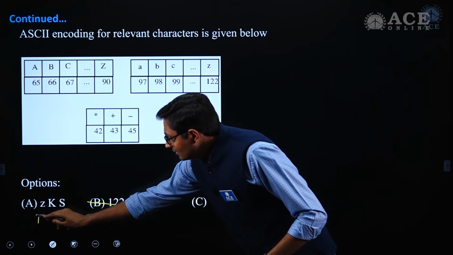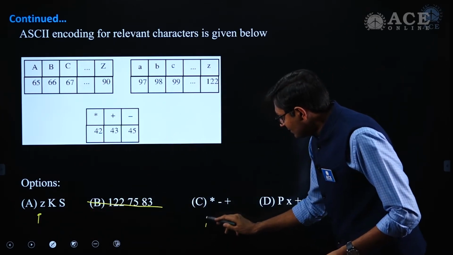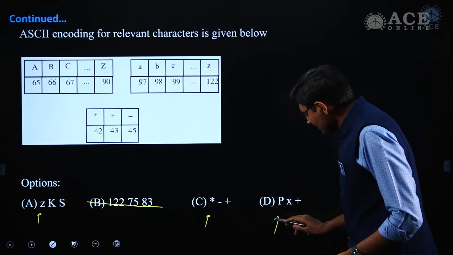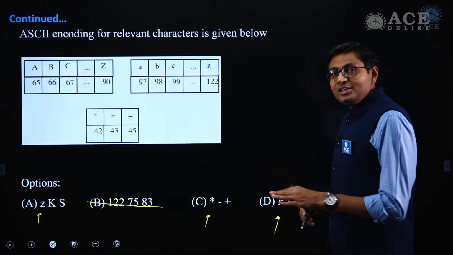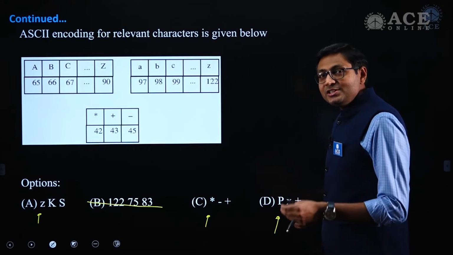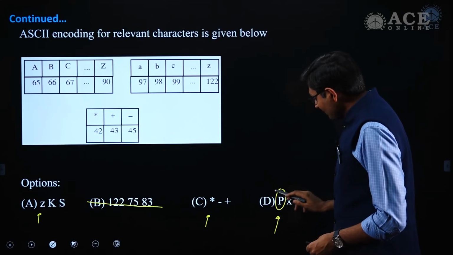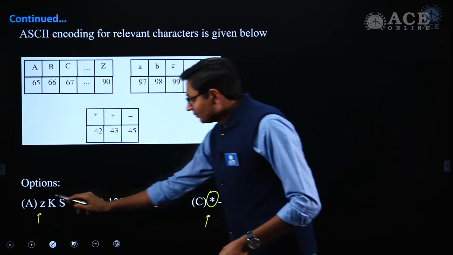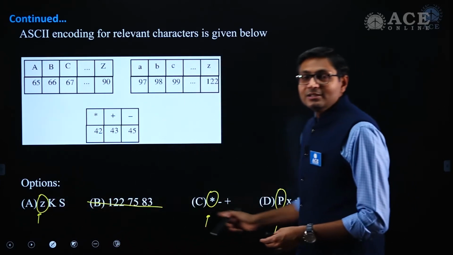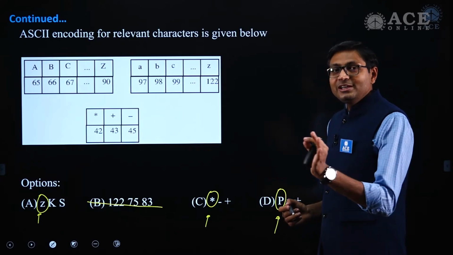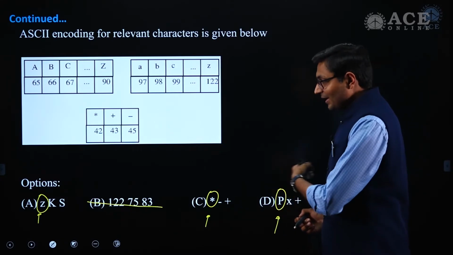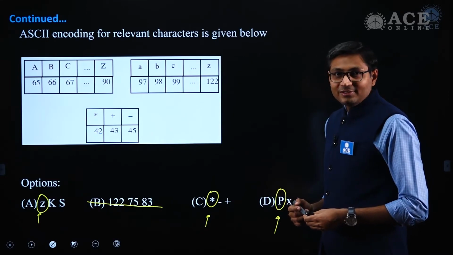First character is small z, first character is star, first character is capital P. If it is so, you just need to find out what the first character printed is, because all the options are different. Alright. So just the first printf statement you can answer and your answer is here. Alright.